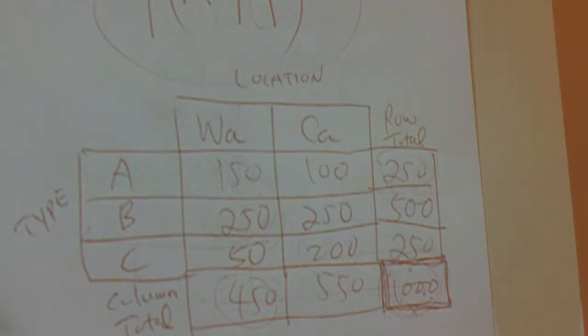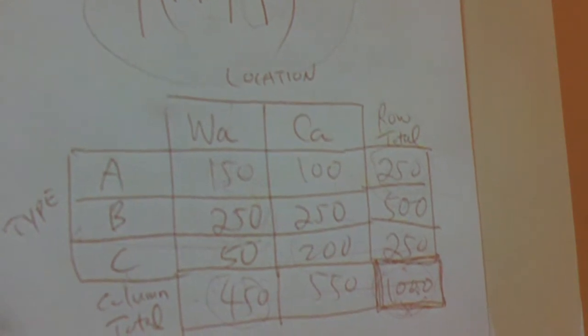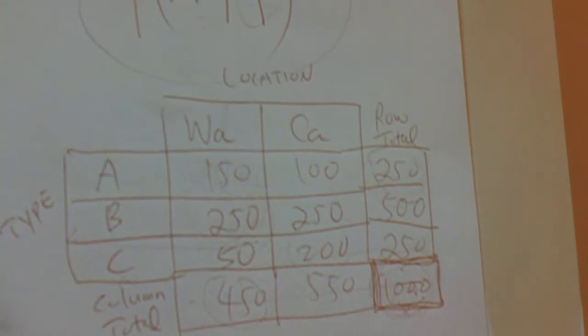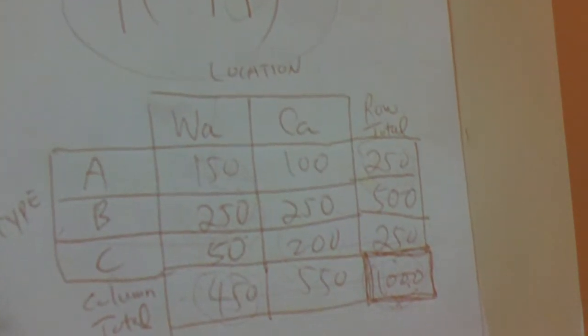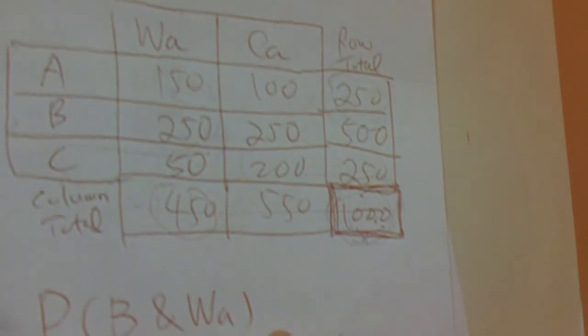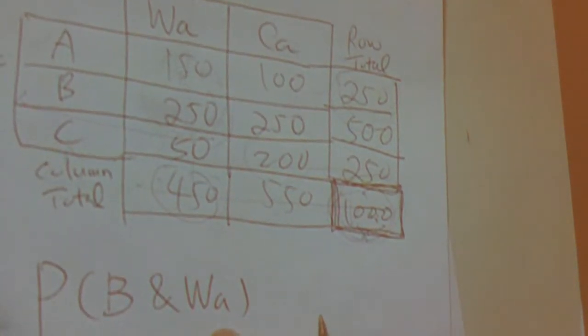The joint probability is different, because for the joint probability we don't have any information given. We don't have a vertical line, like given something. So here, for example, if I ask you the probability of B and WA, remember that? This probability is a joint probability.